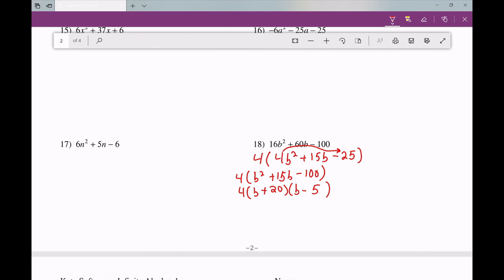Okay, we're not done yet. The number that we slipped here wasn't 16, but 4, right? And so I'm going to have to divide everything by 4. And so I'm going to be left with 4b plus 5.